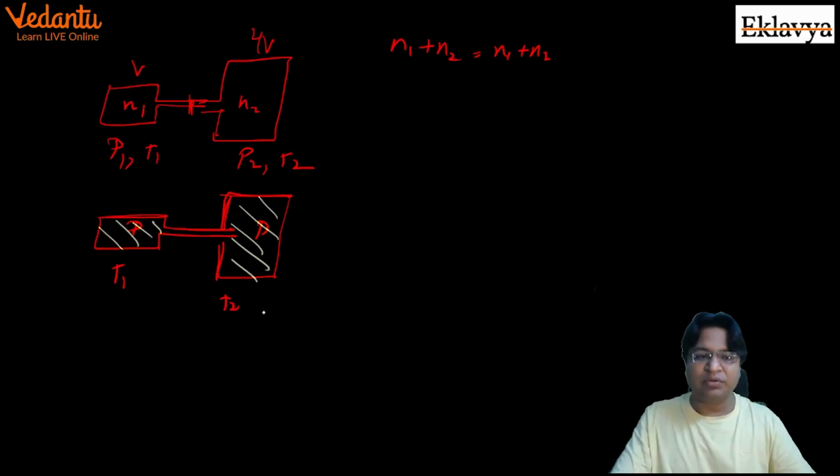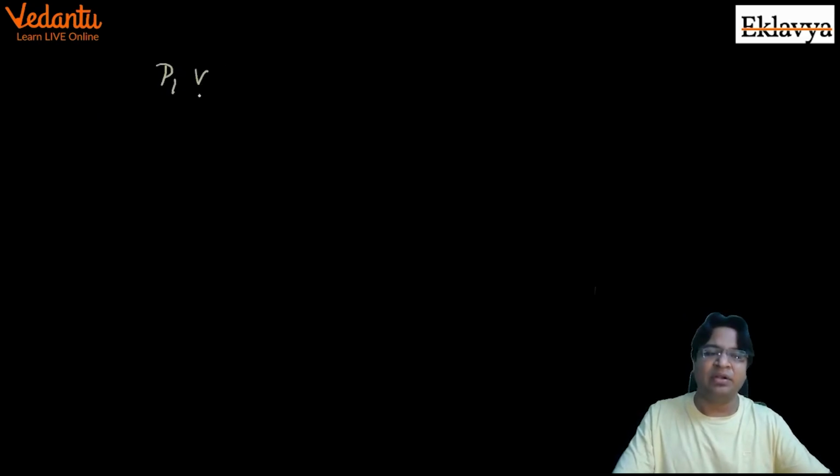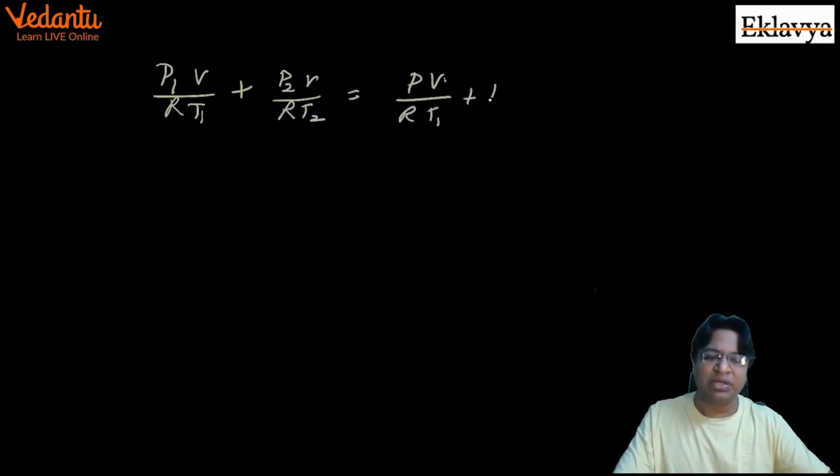So how are we going to write N1? We are going to write N1 as P1 into V divided by R into T1. And then N2 would be P2 into V divided by R into T2, and finally the pressure is the same in both the chambers. So P into V divided by R into T1 plus P into 4V divided by R into T2.